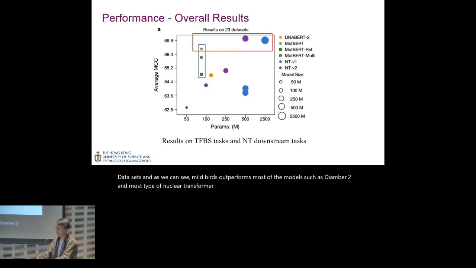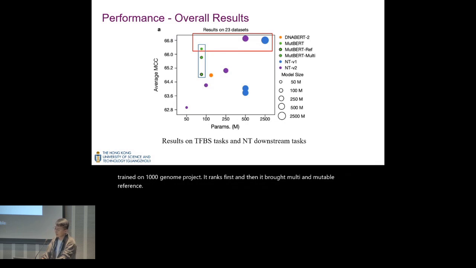It ranks third among all models, only behind the Nucleotide Transformer with 500 million parameters, which was trained on multi-species, and the Nucleotide Transformer, the first version, with 2,500 million parameters, which are much larger than DNABERT-2. For the internal comparison, MutBERT trained on the 1,000 Genomes Project ranks first, and then MutBERT-Multi and MutBERT-Reference.